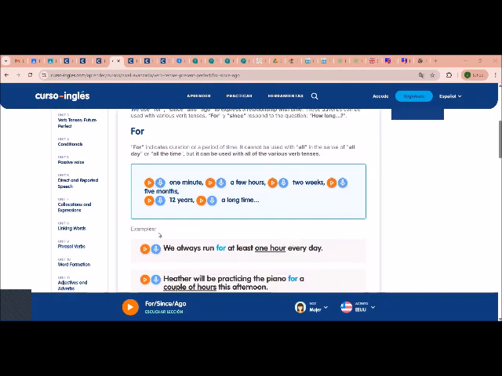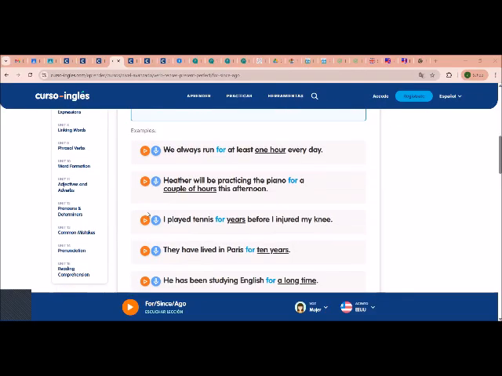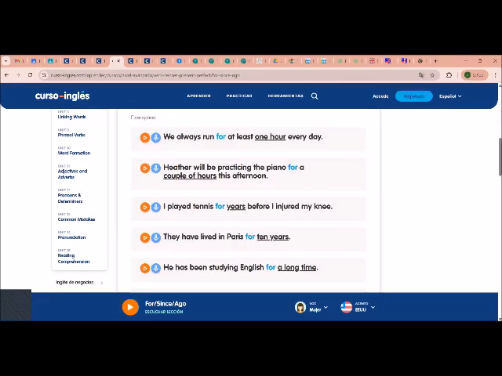Karina, help us with some examples with for. We always run for at least an hour every day. Heather will be practicing the piano for a couple of years this afternoon.